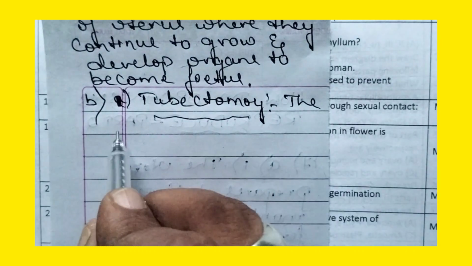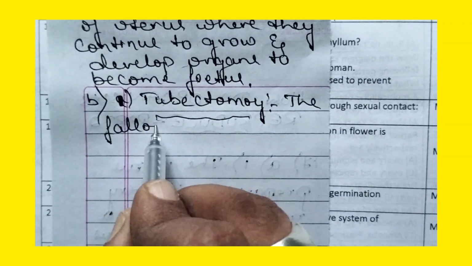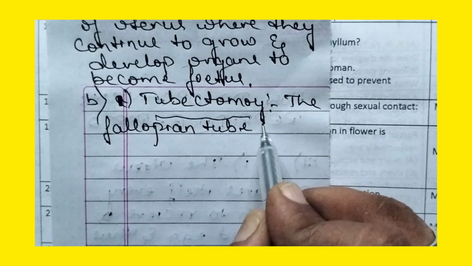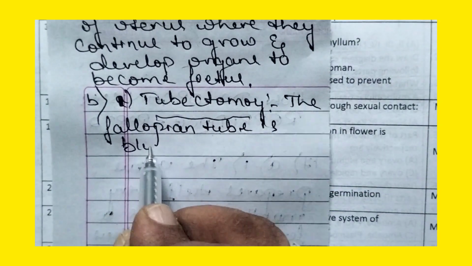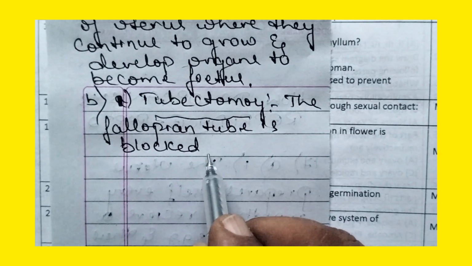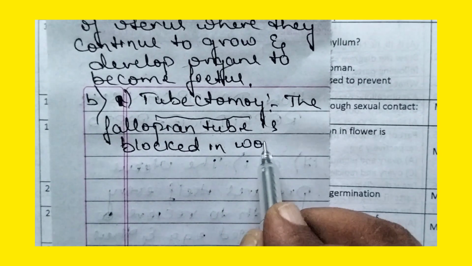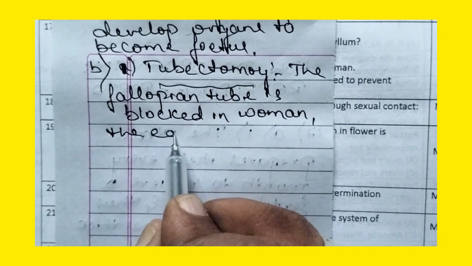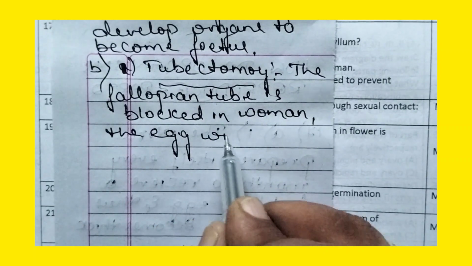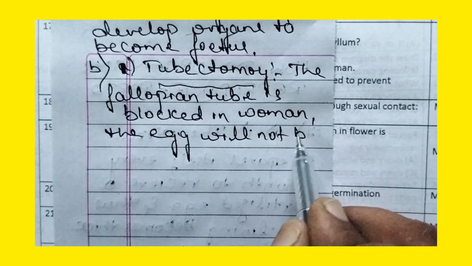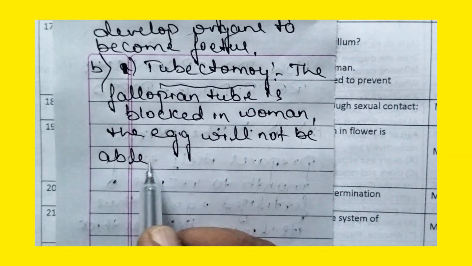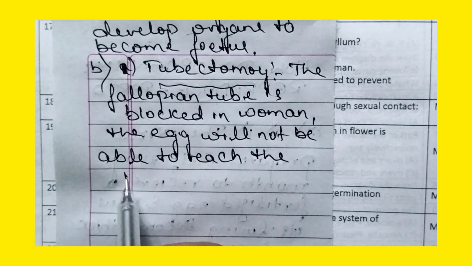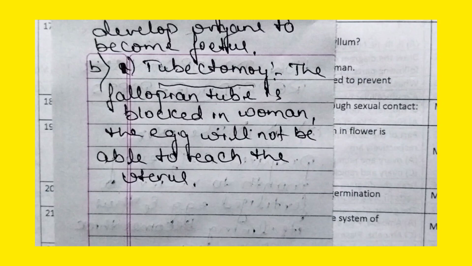the fallopian tube, it is done for woman, the fallopian tube is blocked in woman. The egg cannot reach the uterus.